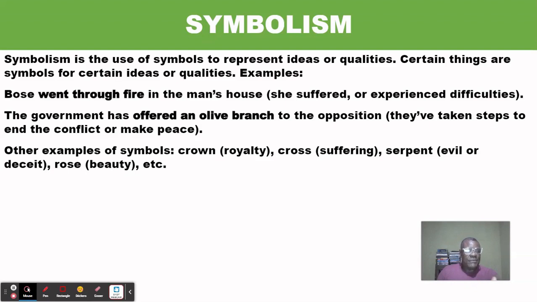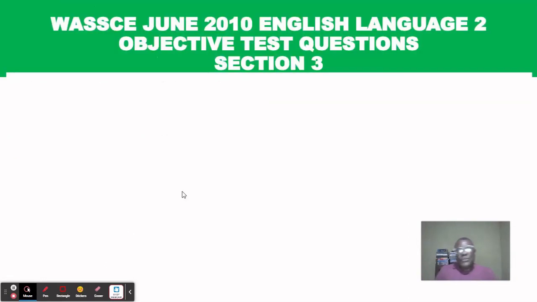Cross is for suffering. Serpent is a symbol for evil or deceit. Then when you talk of rose, the rose flower is a symbol of beauty, and so on and so forth. Okay, so knowing what certain things symbolize can help you to interpret idioms.